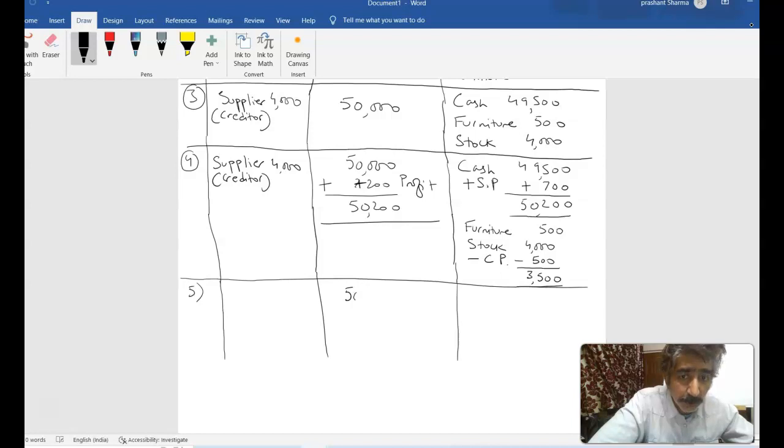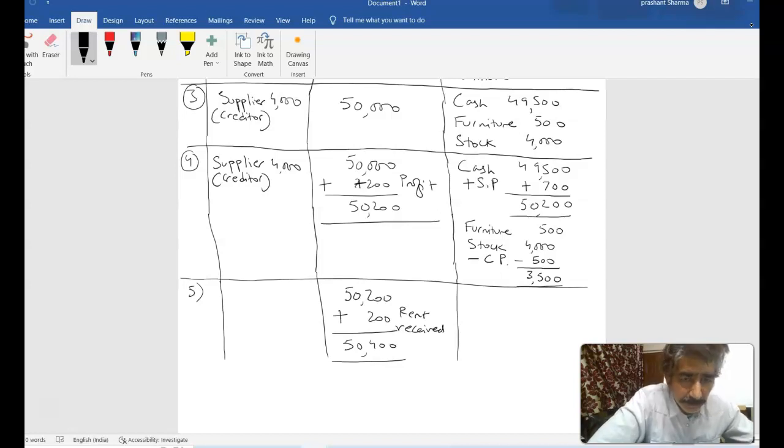So the middle column is of capital. 50,200 I have copied, and I'm going to add 200 rupees of rent being received, because it's an income. So income, gains, profits have to be added to the capital. So my capital becomes 50,400. I hope it's clear.